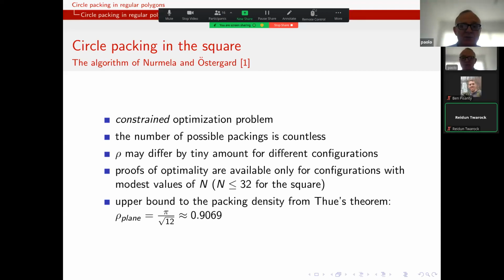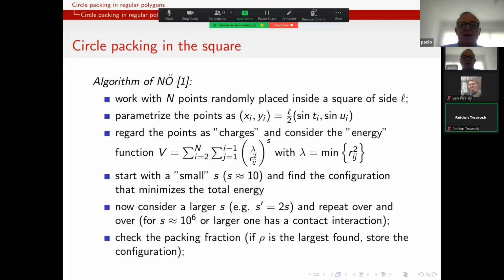This is pi over square root of 12. Of course, if you have a finite container, geometrical frustration will not get you near to that value for any finite n.